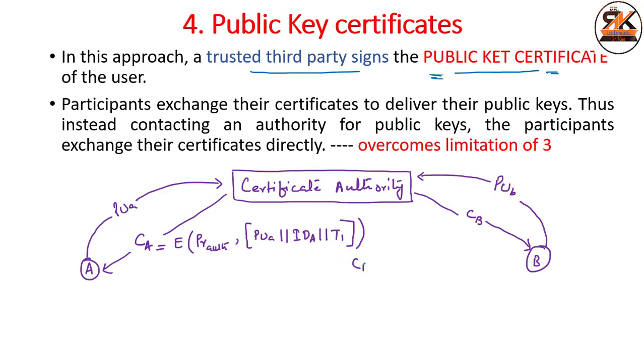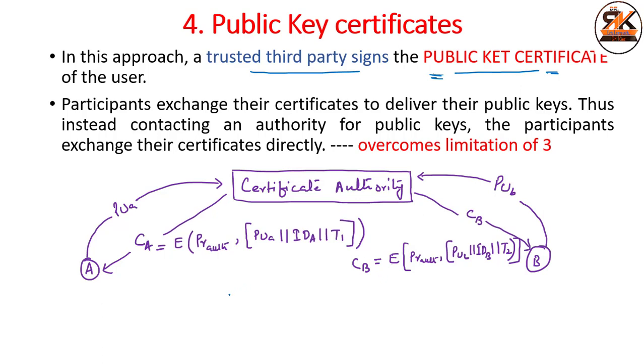So I will write here CB is equal to, in the encrypted form, so encryption is done by using the private key of the authority, and the contents are the public key of Bob concatenated with ID B, that is the identifier of Bob, concatenated with timestamp T2. So this is what Bob is going to receive as its certificate.